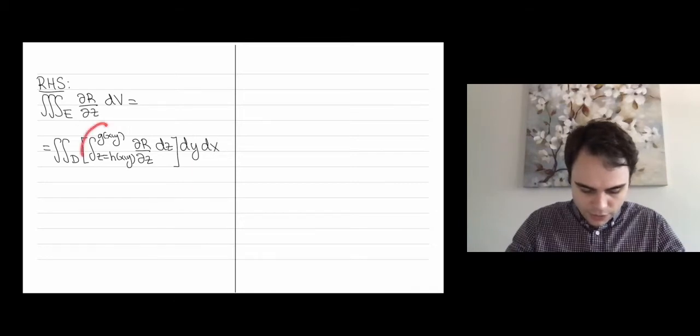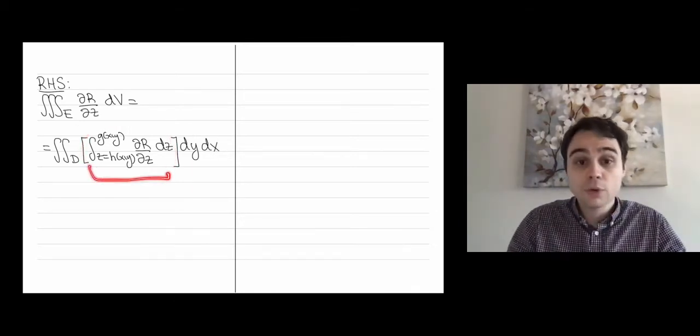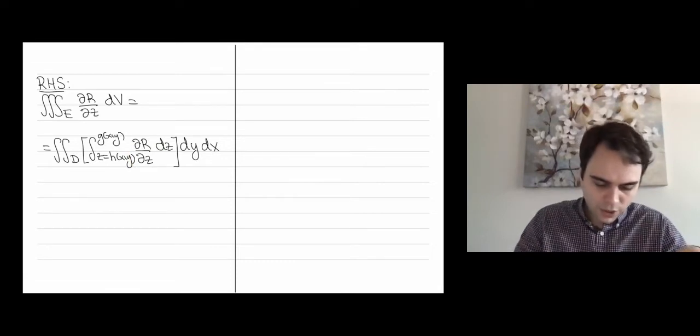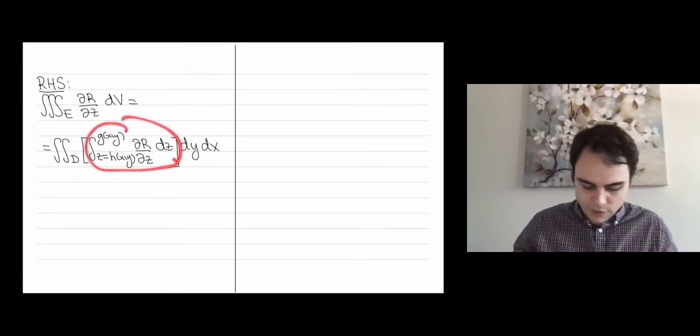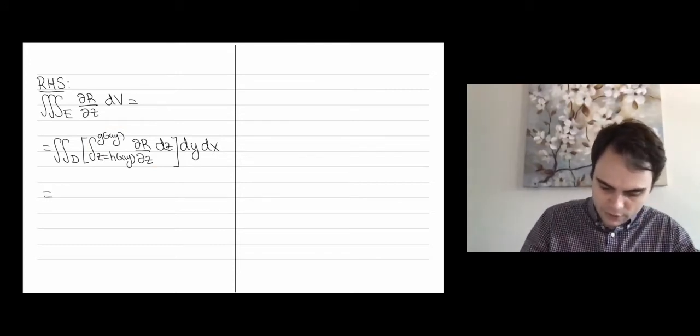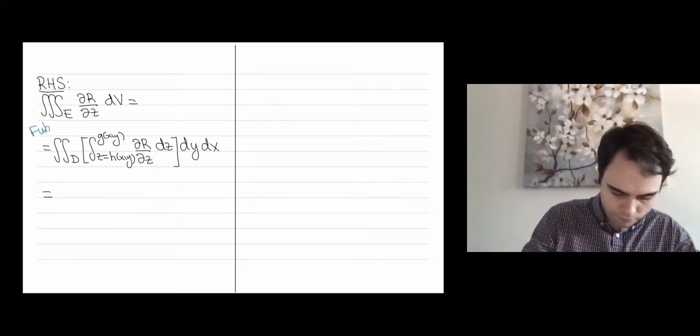When we're doing the innermost integral, we're fixing x and y, and then we're doing two things with x and y fixed. We're taking the derivative with respect to z, and we're integrating with respect to z. So these two things cancel by the fundamental theorem of calculus. So here I used Fubini, and now I'm going to use the fundamental theorem of calculus.